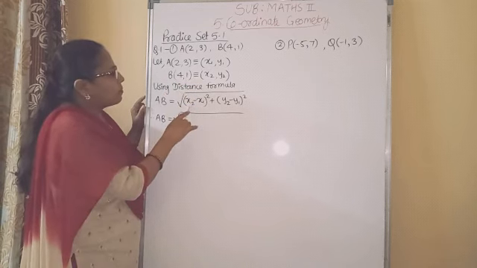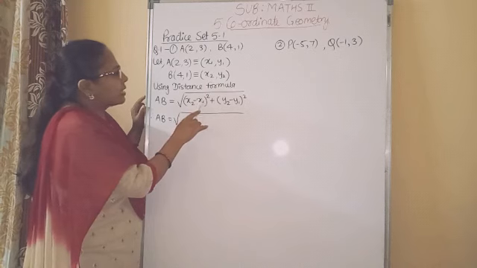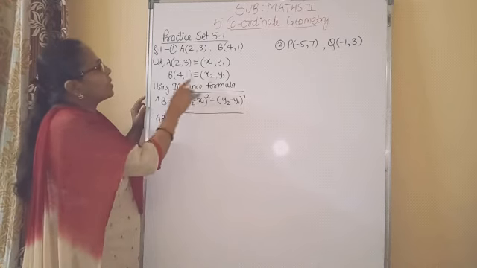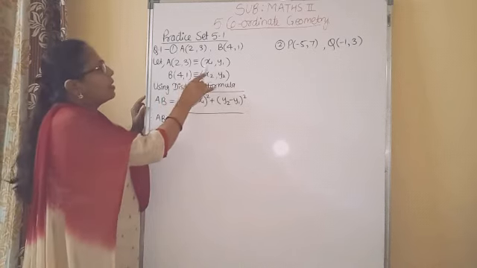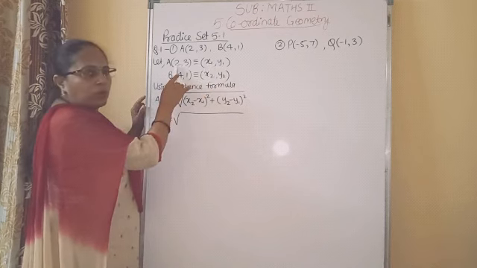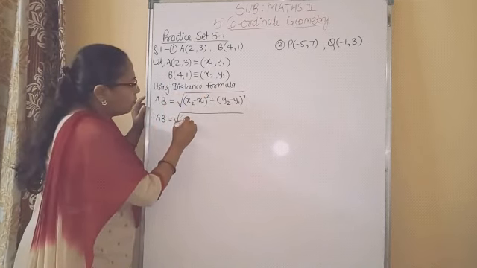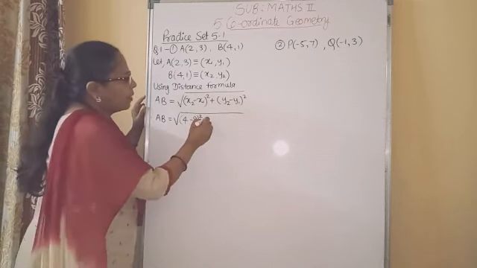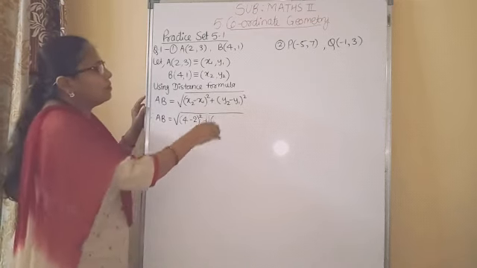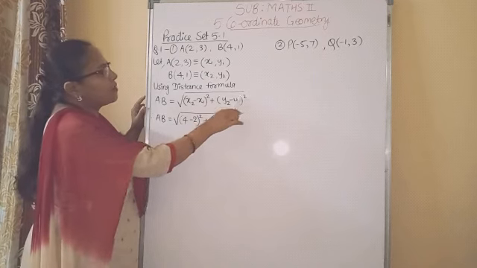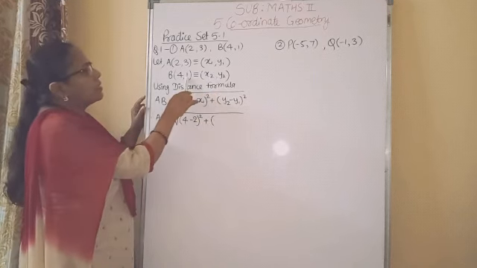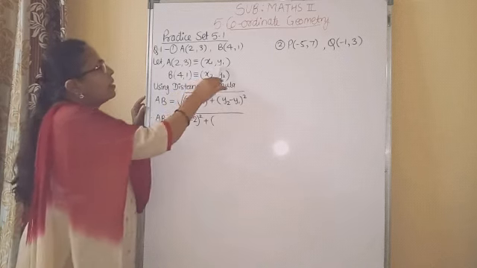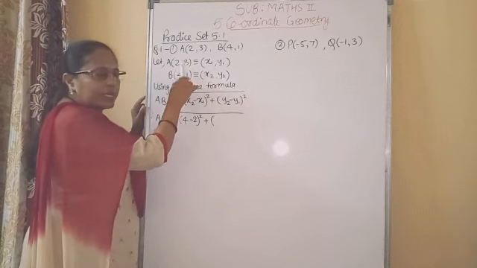So here we have to first write (x2 minus x1) whole square. So x2 is equal to 4 and x1 is equal to 2. So (4 minus 2) whole square plus (y2 minus y1) whole square. y2 is equal to 1 and y1 equal to 3.